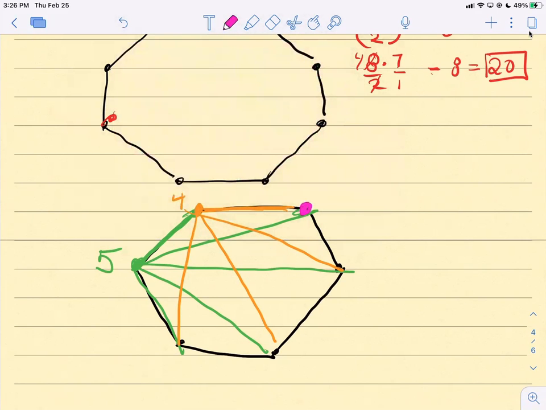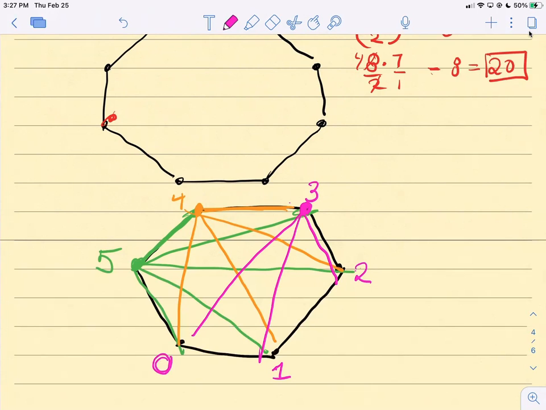This vertex already has 2 previous connections, but it can make 1, 2, 3 new connections. This one can make 2 new connections. This guy can make 1 last connection. And once you get back to the last one here, you're stuck, because everybody's already been connected.